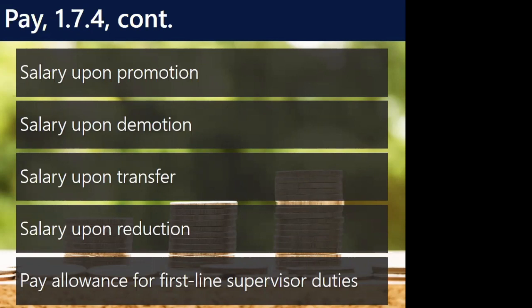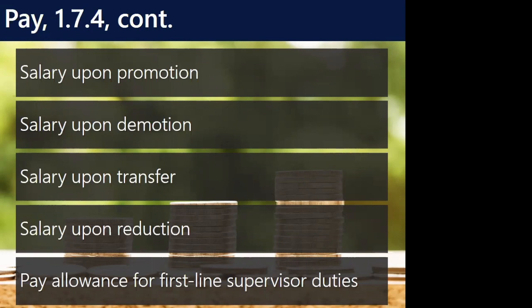All right, salary upon transfer. That one is increased up to 10% upon transfer, and the director may approve a salary greater than 10% due to special circumstances. Salary may be reduced up to 15%, and the director may approve a salary reduction greater than 15% due to special circumstances.